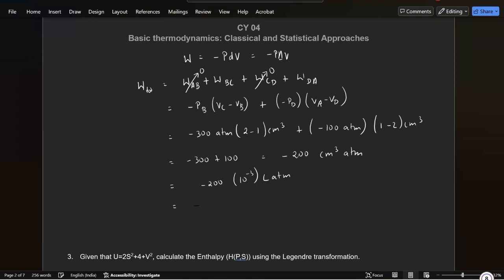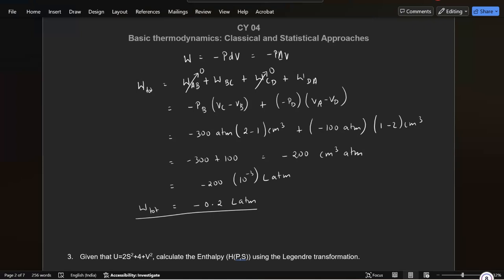So that's how much is it? 0.2 liter. Correct. So this is the total work done. So we want this in joules, right? So how much is 1 liter?